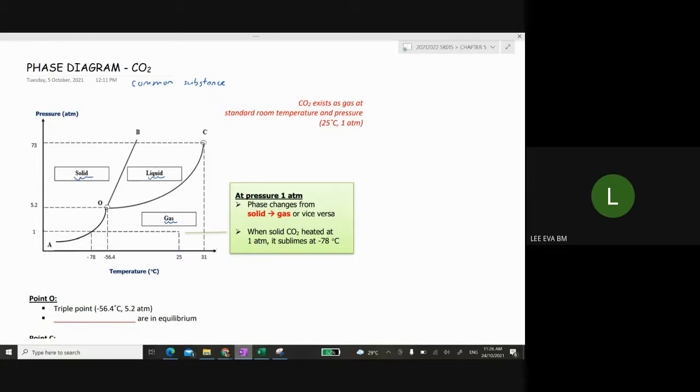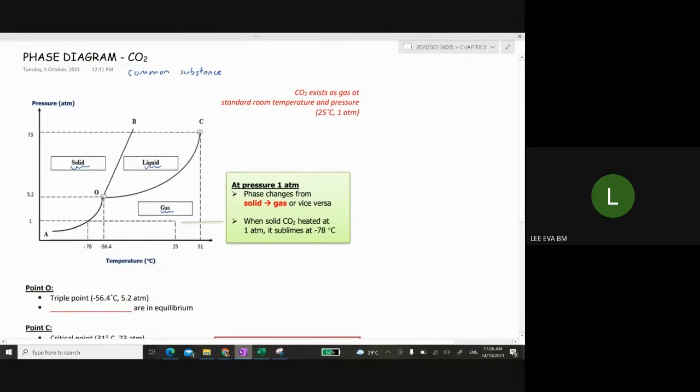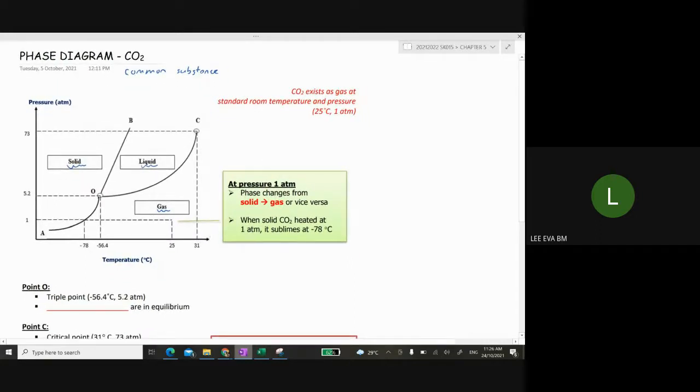So for carbon dioxide, if you look at the standard room pressure and temperature, if you still remember the values that Madam gave you earlier, standard room temperature and pressure is at 25 degrees Celsius, 1 atm.